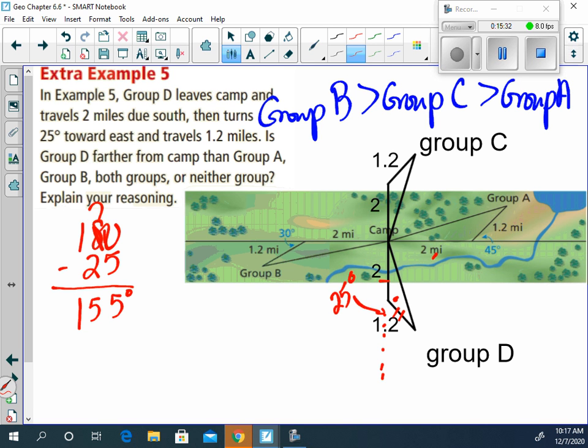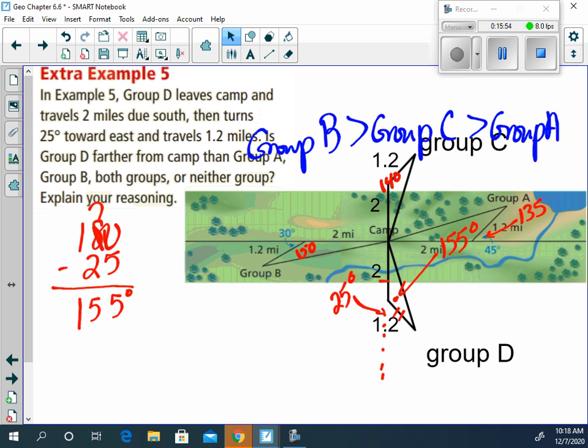So the angle inside of the triangle is 155 degrees. We had 150, 140, and then this one here was 135. So how does 155 rank among these? It's the biggest, yes?